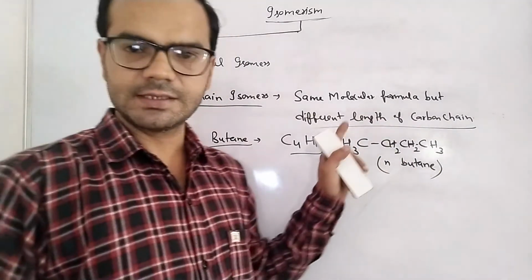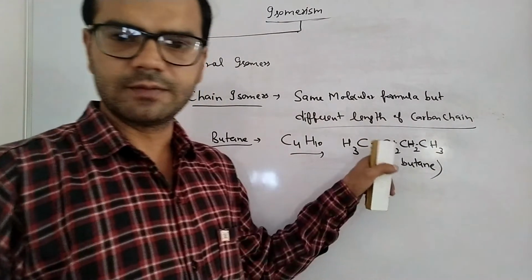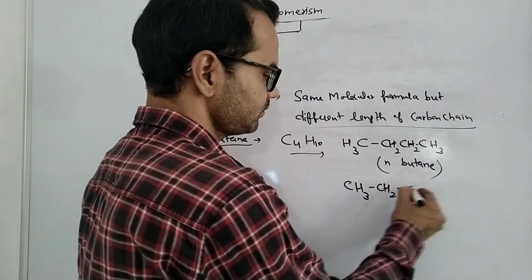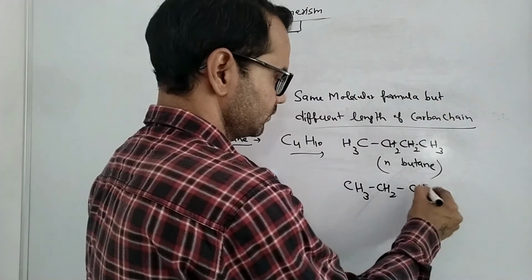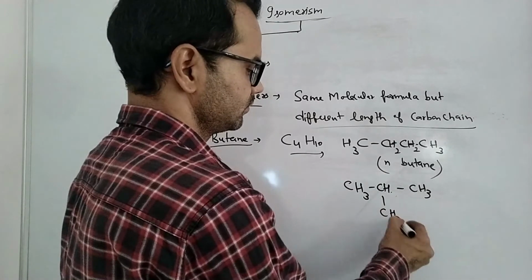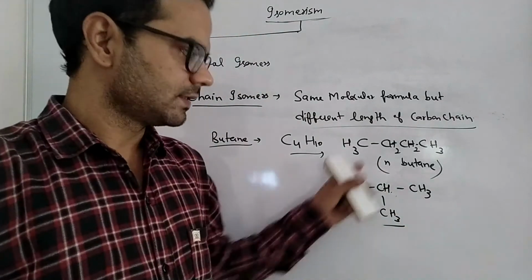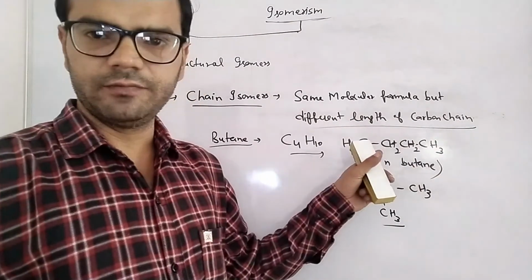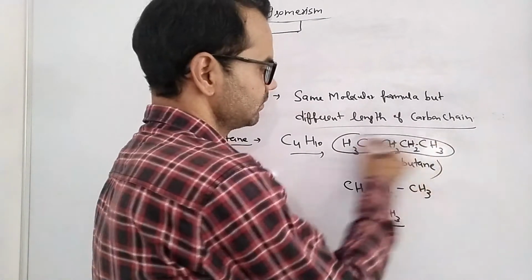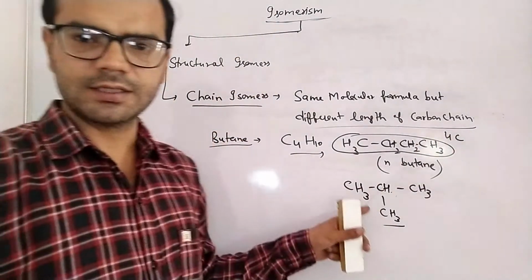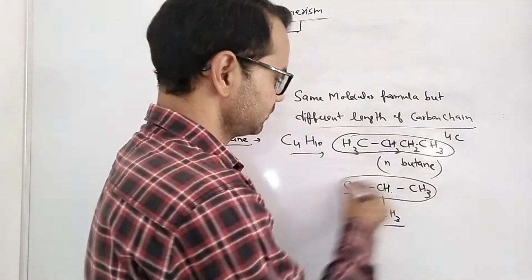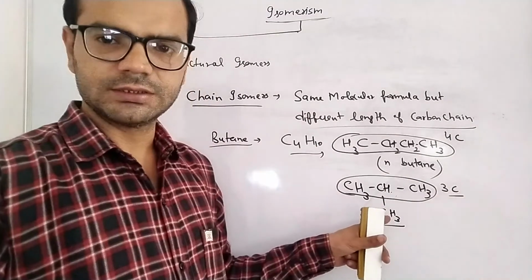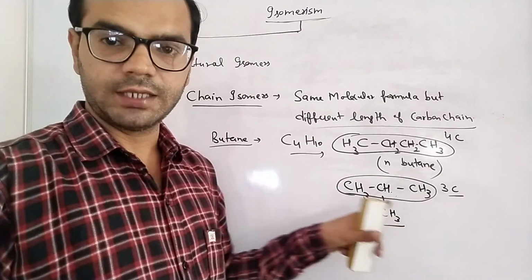But if there is a branching at the second carbon, I can represent these 4 carbons in a different way. Now again we still have 4 carbons and the same number of hydrogens, but now the length of the carbon chain is different. In the upper chain we have 4 carbons in a straight chain, but now in this compound we have a chain of 3 carbons with 1 branch, and branching must be present at the second carbon.